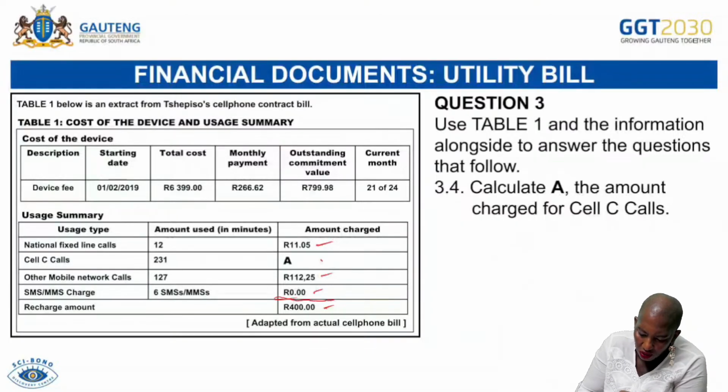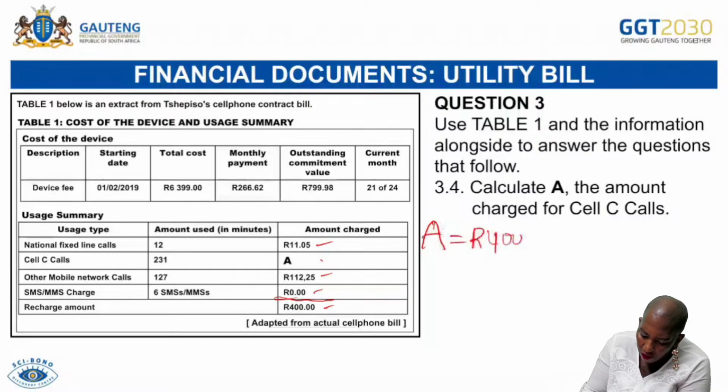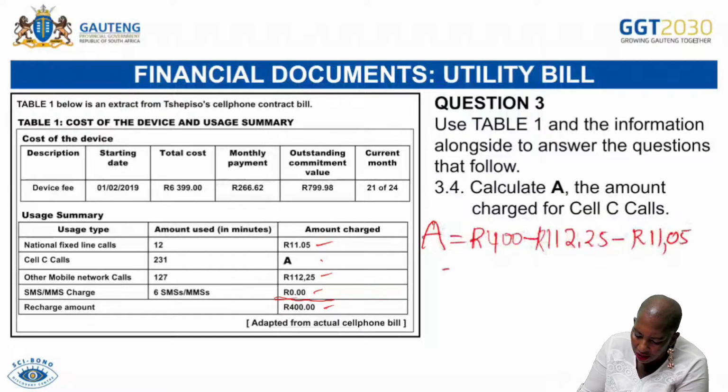So now we want to know the value of A. So say A is equals to 400 minus 112 rand. Remember, it's monetary. And 112 rand 25 cents minus the 11 rand 5 cents.